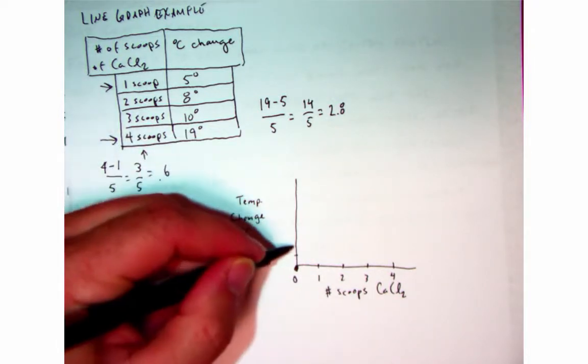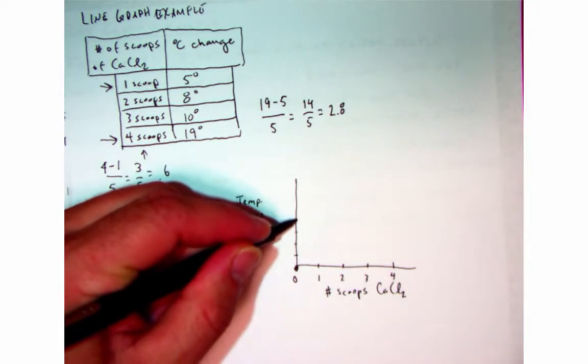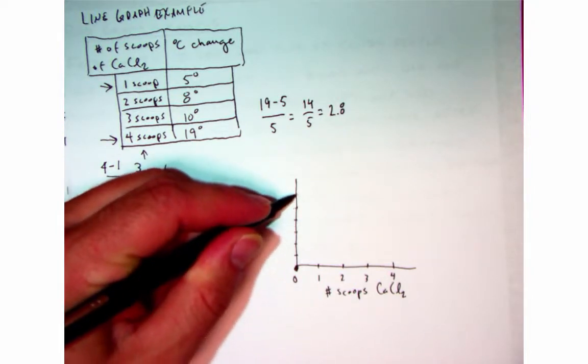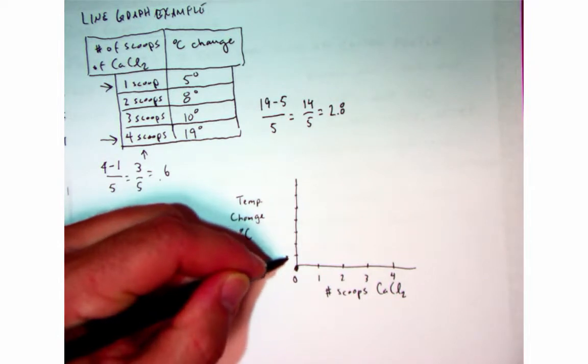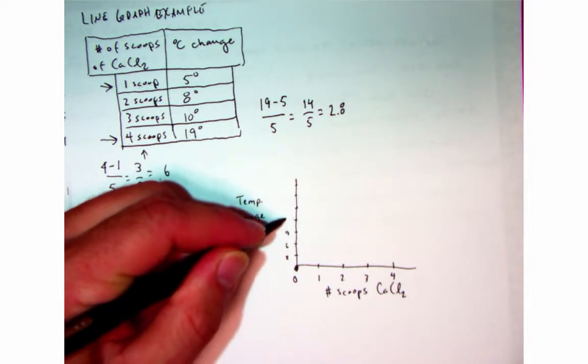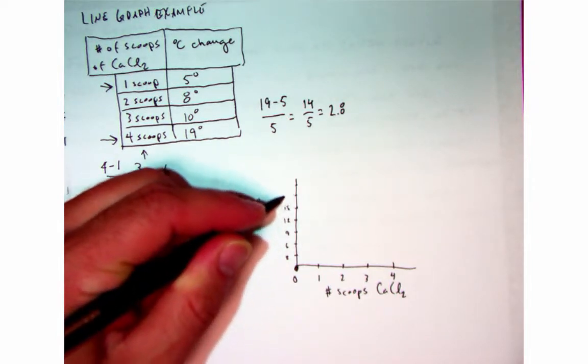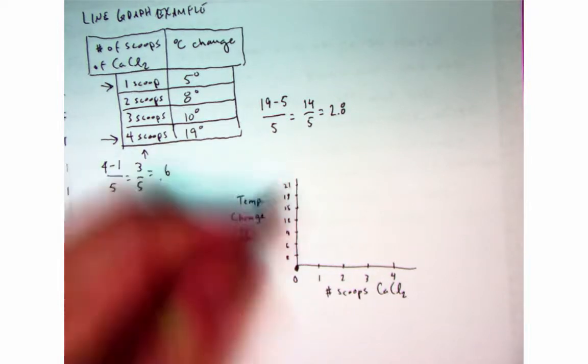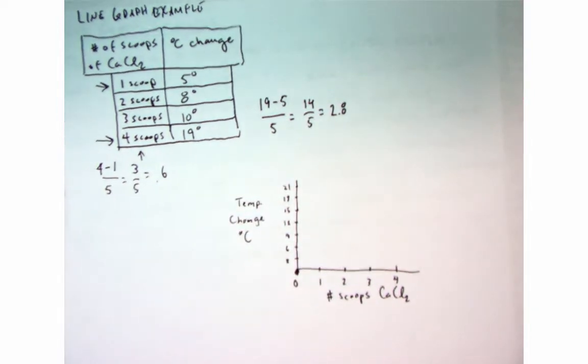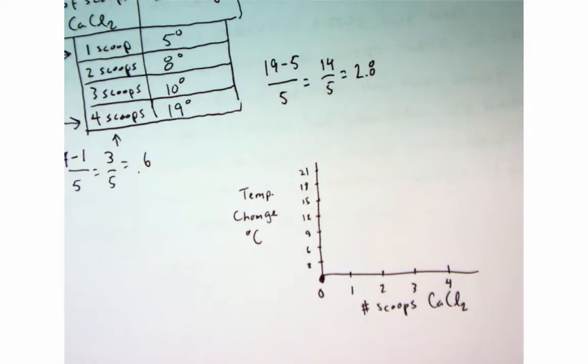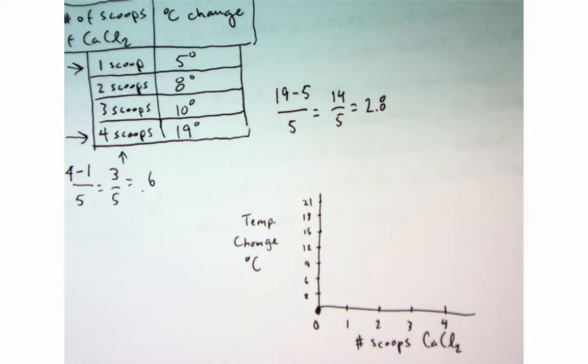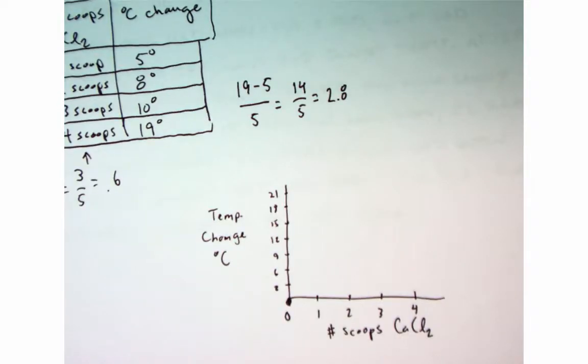So I'll go 3, 6, 9, 12, 15, 18, and 21. Again, you don't have to do it exactly this way. If you wanted to go up by 2s or go up by 5s, that's fine. Just do something that is reasonable and makes sense.